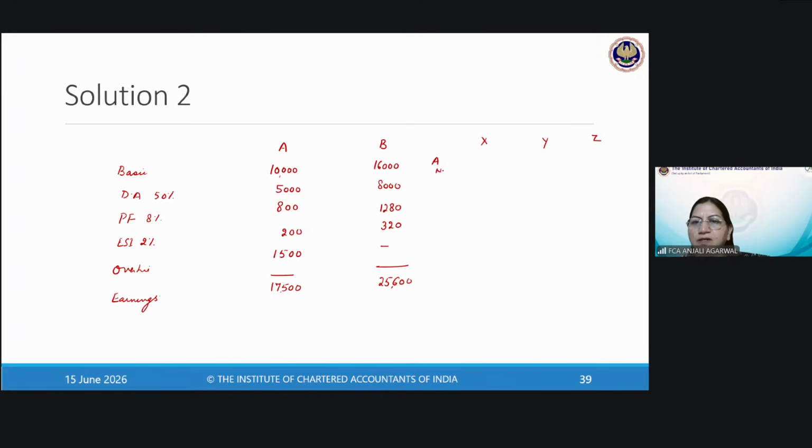So A normal amount is 16,000. 40% goes to X, that is 6,400. 30% goes to Y, and 30% goes to Z. 40, 30, 30. Overtime 1,500 goes only to Y.